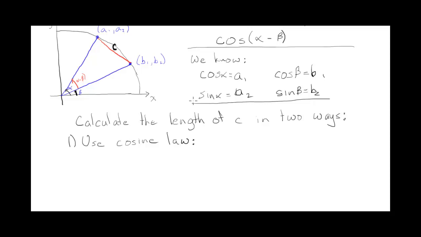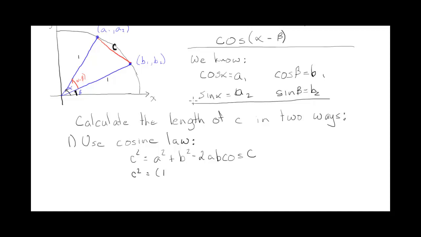Remember, cosine law says that c squared equals a squared plus b squared minus 2ab cosine of C, where C is the angle opposite to side c. So c squared equals a squared. Remember, this was the unit circle, so the terminal arms here are both of magnitude 1.